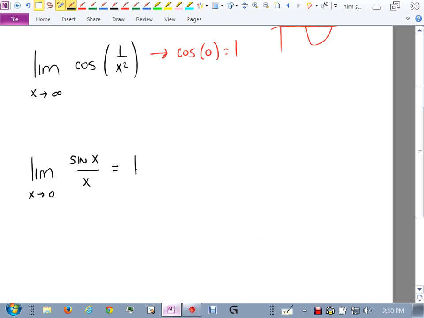Why is that true? Because I said it was true, and I said we'd prove it later, and everyone needs to know that, right? Now, compare that to the limit as x now goes to infinity of sine x over x. Now, we have not seen something like this yet, so that's why I'm showing it to you.